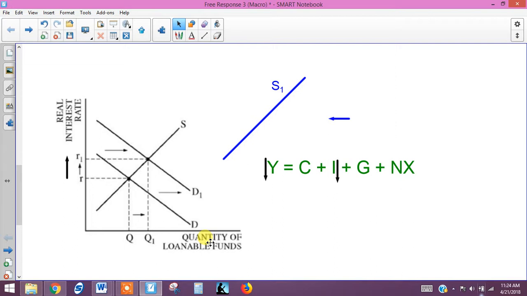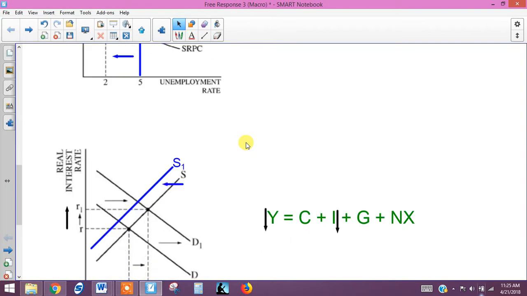Now, what could also happen to drive the interest rates up, and you don't have to show this if you don't want to, but I want to make sure you understand, is that because the government is pulling money out of the money supply to finance their defense spending, that could actually cause a shift in the supply curve to the left. I actually had a guy.